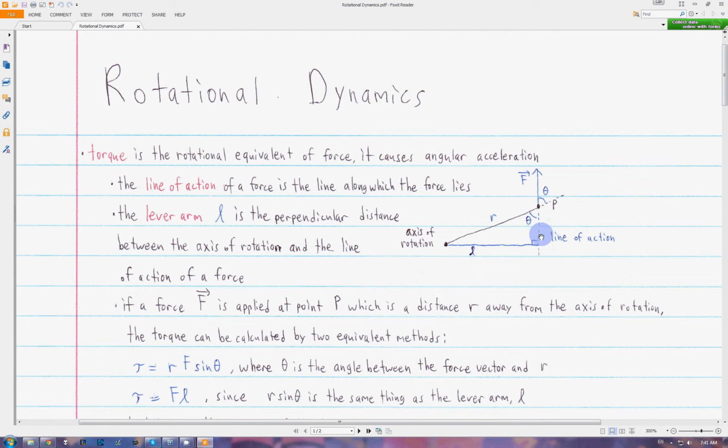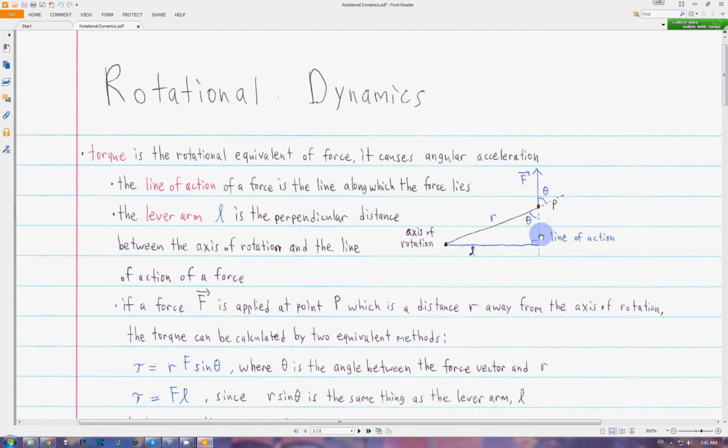The equivalent of mass for a rotating object is the moment of inertia. This just measures how hard it is to get this object to rotate. The moment of inertia of one point, if this point is a distance r from the axis of rotation, is mr squared.